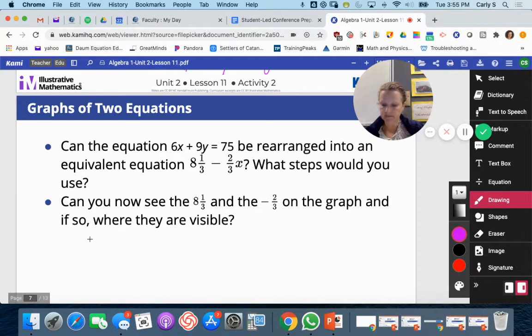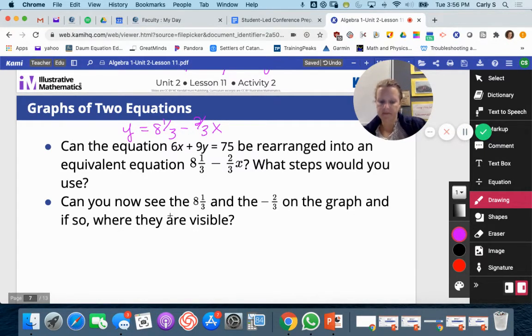Yep. All right. Sorry. There we go. This should be y equals 8 1/3 minus 2/3 x. What steps would you use?